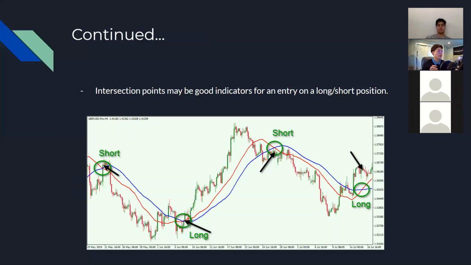Because of that, the red line moves a lot more easily and earlier than the blue line, as you can see, since it's not monitoring as long a time. If you're taking an average of any amount of numbers, the more numbers you add, the less significance each has towards the overall value of the average.